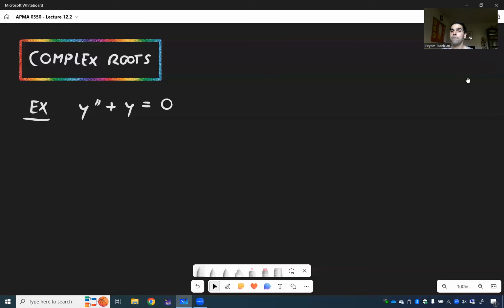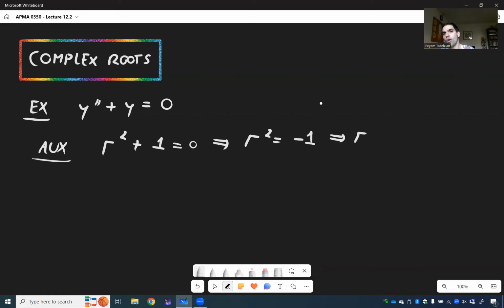Now let's see what happens when your auxiliary equation has complex roots. In particular, let's try to solve y double prime plus y equals 0. In this case, the auxiliary equation is r squared plus 1 equals 0. So r squared is minus 1, and therefore r is plus or minus the square root of minus 1, so r is plus or minus i.